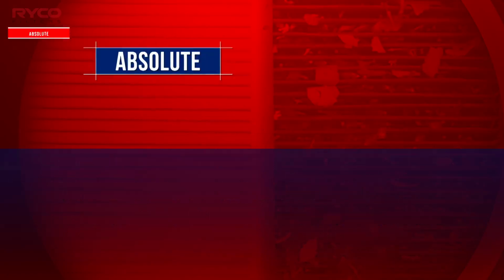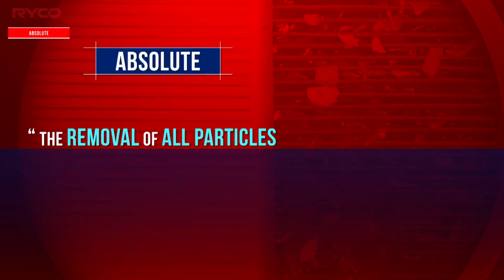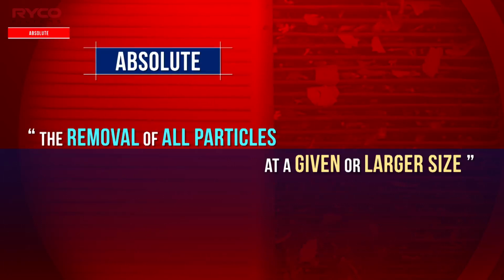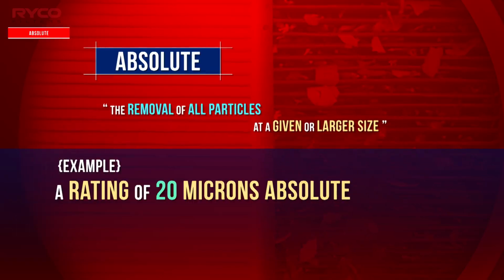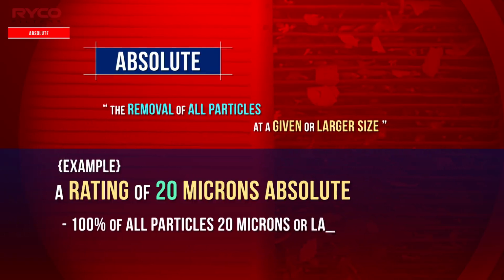An absolute micron rating refers to the removal of all particles at a given or larger size. We could say that a media with a rating of 20 microns absolute means that 100% of all particles 20 microns or larger will be captured. The lower the micron rating of the media, the greater its efficiency, and so more particles are captured.